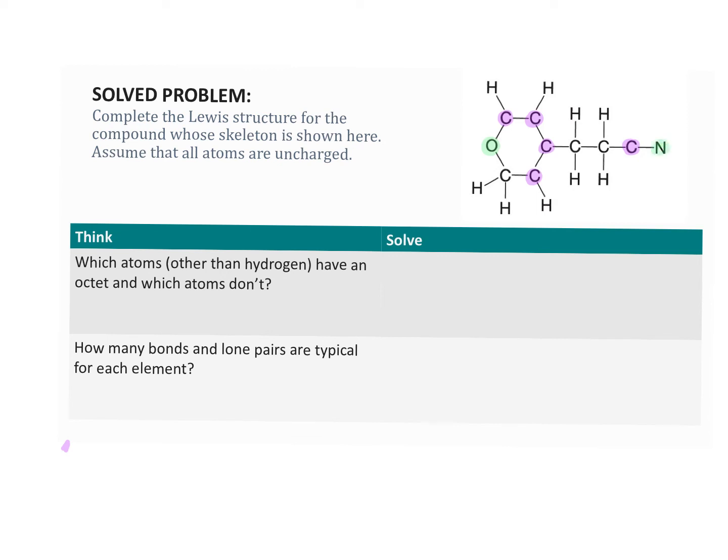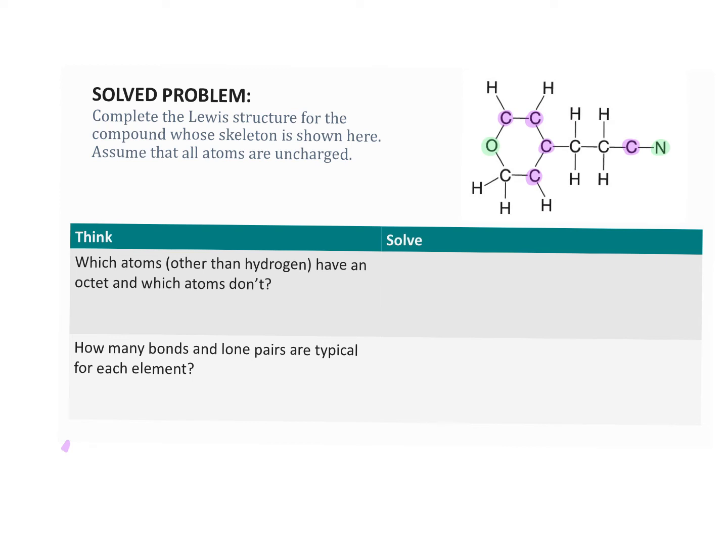This nitrogen here only has 1 bond. From the previous table, nitrogen's going to have 3 bonds and 1 lone pair. So what we do now is we come in and put in the bonds and lone pairs to fix this problem.